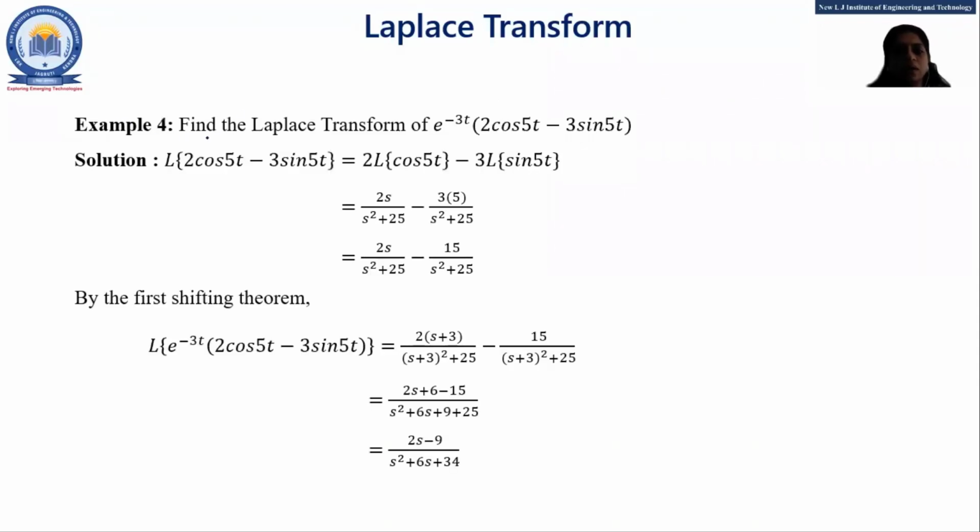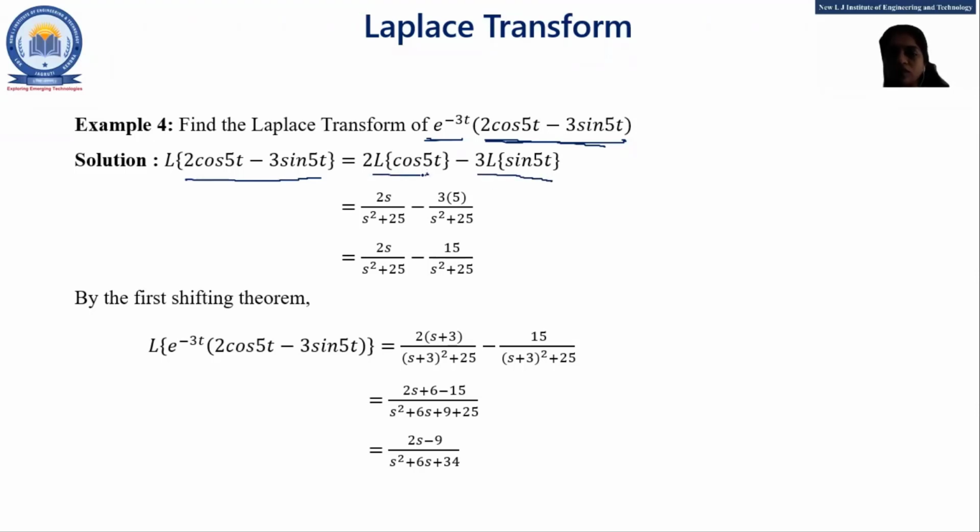The next question, find the Laplace transform of e raised to minus 3t into 2 cos 5t minus 3 sin 5t. Here our function of t is this bracket. So first we find the Laplace of 2 cos 5t minus 3 sin 5t. Here we apply the linearity property: 2 Laplace of cos 5t minus 3 Laplace of sin 5t.